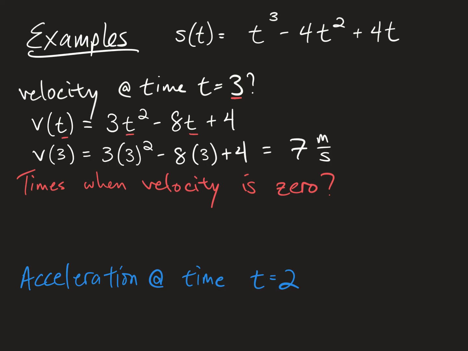So when you substitute 3 in for t, you get 3 times 3 squared minus 8 times 3 plus 4. 3 times 3 squared is 27. 27 minus 8 times 3, which is 24, is 3. 3 plus 4 is 7. And again, in most physics texts, you talk about meters and seconds for the units of measure of distance and time, so we're just going to stick with that for now. So 7 meters per second.